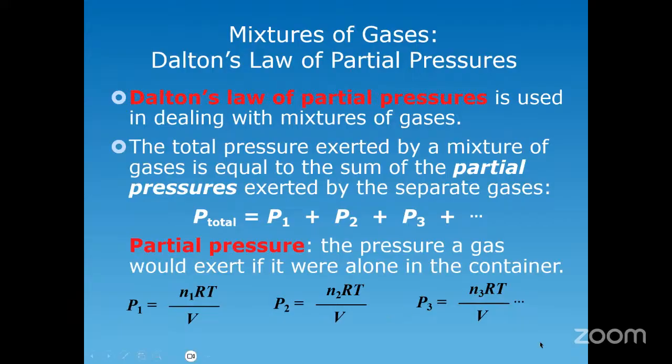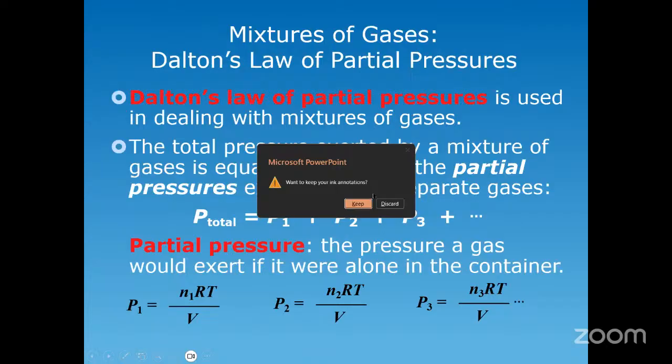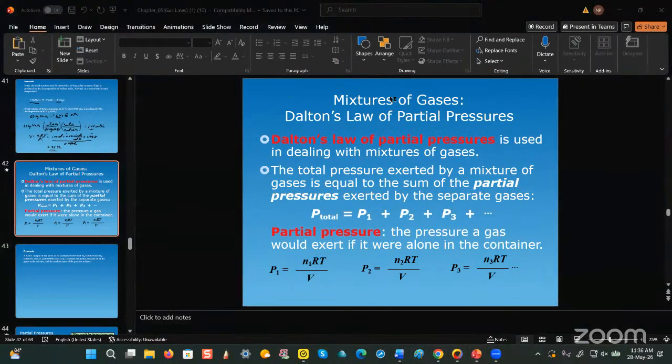So if we have a mixture of gases, each gas will exert its own pressure, which is represented by each of these terms right here. P1 is equal to n1 over V, P2 is equal to n2 over V, and P3 is equal to n3 over V, and so on and so forth, right? So there are some important consequences of this, which I want to discuss. So let me open this up here.